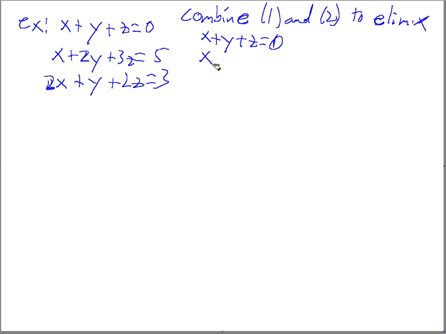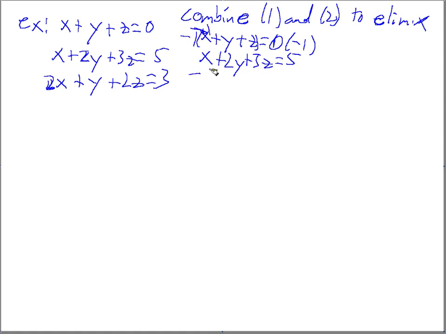Second equation, x plus 2y plus 3z is equal to 5. So let's go ahead and multiply the first equation by what? -1 to get rid of x, for example. Let me write the result below.